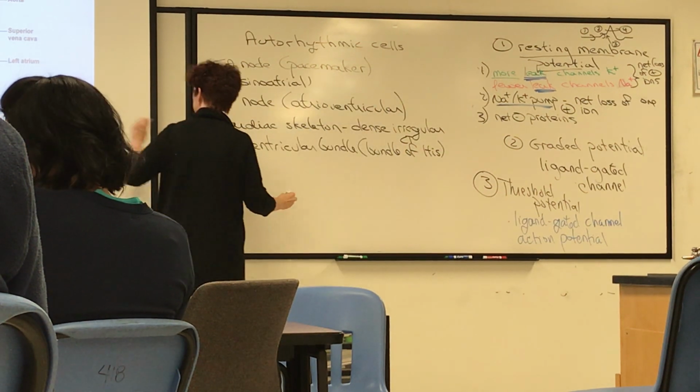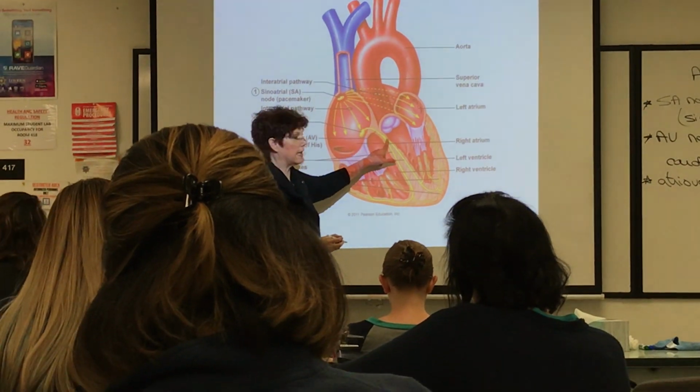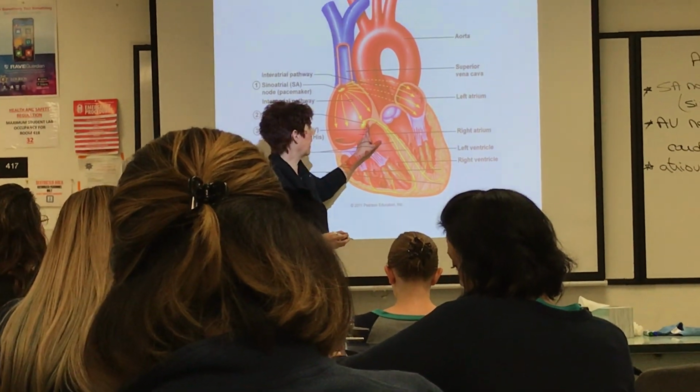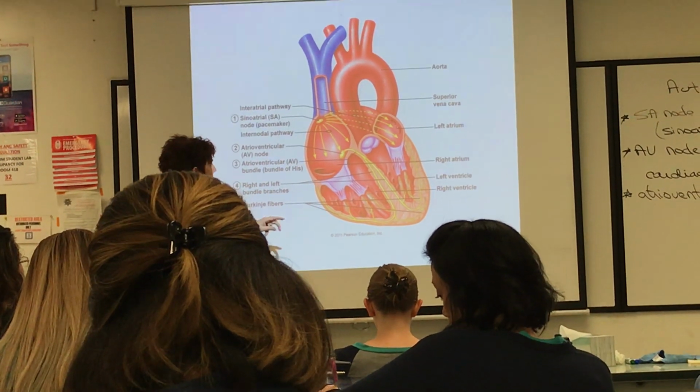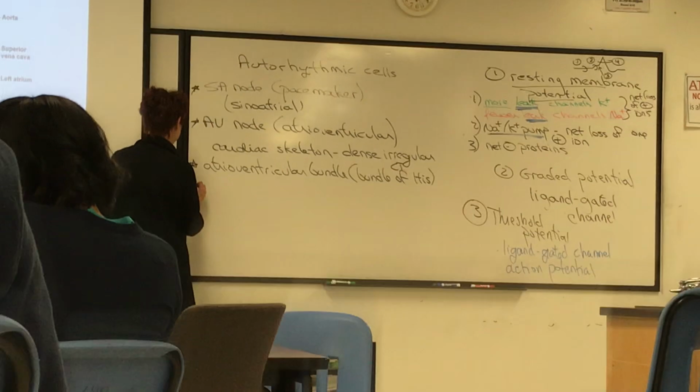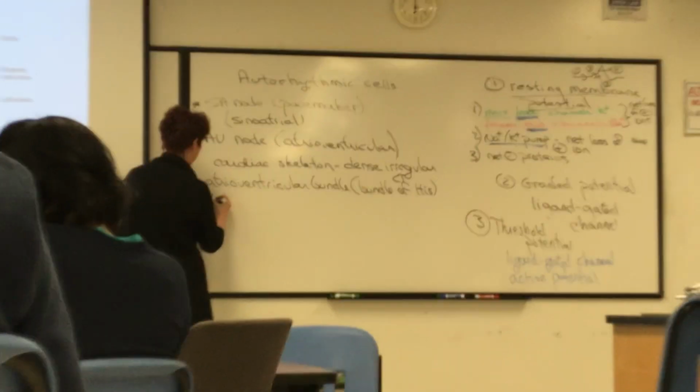All right, so that crosses from the atrial wall here into the interventricular septum. So that's the atrioventricular bundle, or bundle of His. And then 2 channels will travel down the interventricular septum, and those are known as bundle branches.